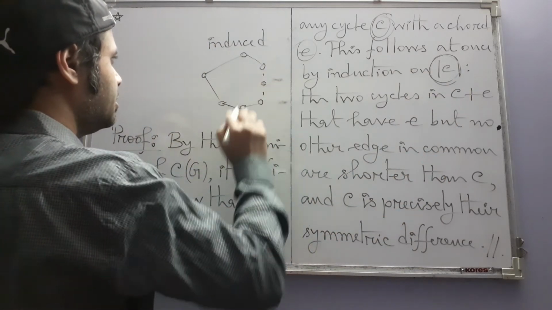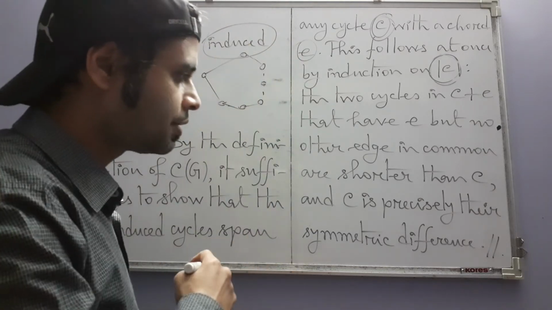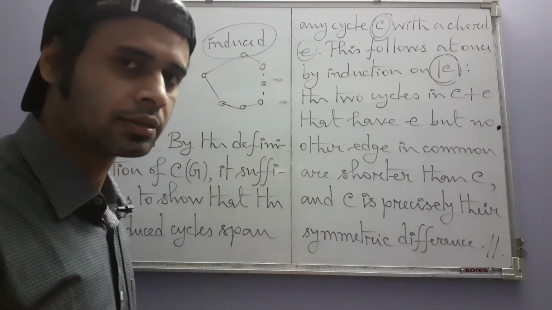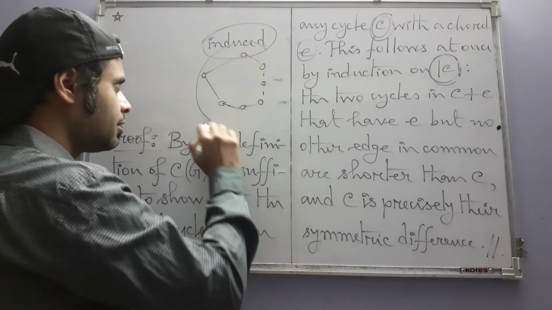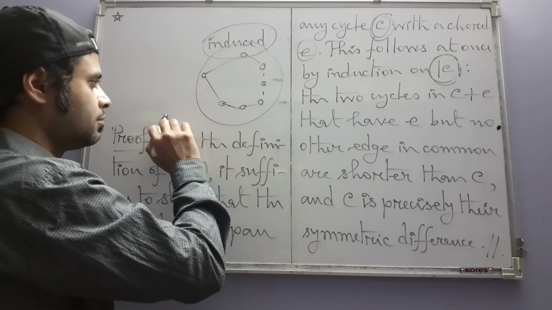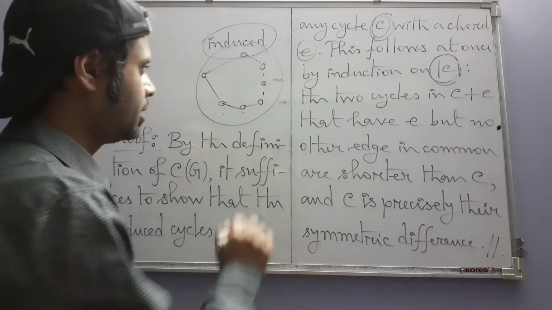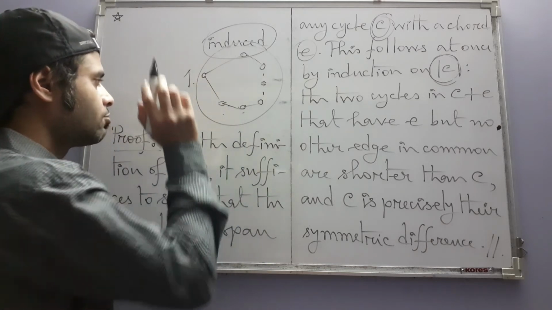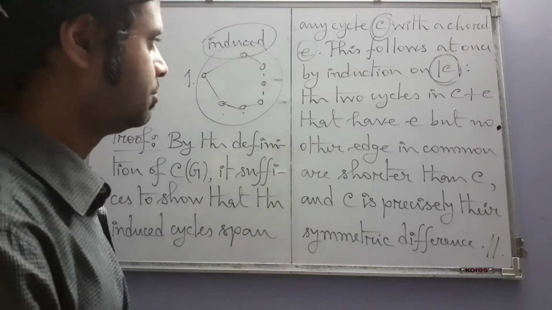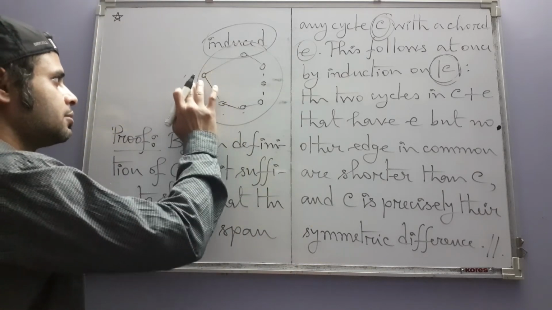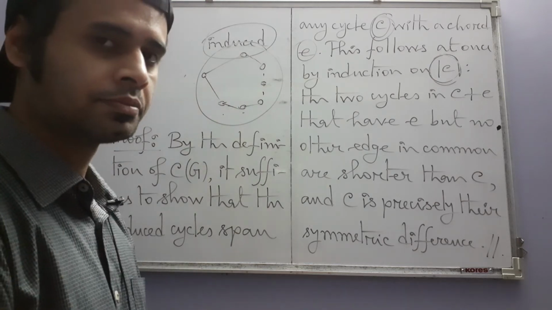In this case, because this itself is an induced cycle, it is spanned by all the induced cycles. How? The cycle itself is a scalar multiple of itself, where you take the coefficient 1, your field element 1 from F2. So that means we have the basis for our induction.